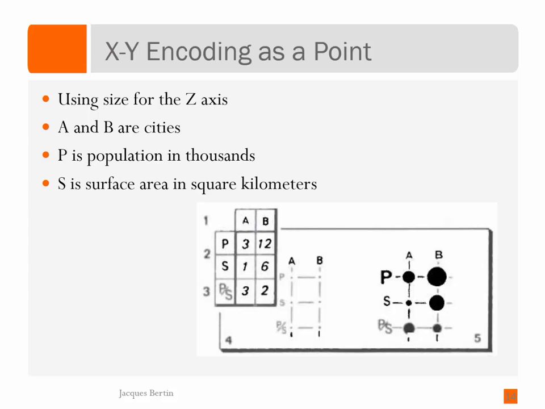Basically the P of 3 divided by the S of 1, which will give us a density measure of 3, which essentially says there's 3,000 people in 1 square kilometer. Then we move on to B. With B, we have a population of 12,000 people in 6 square kilometers, which basically gives us a density of 2,000 people in each square kilometer. So we now have a third measure.